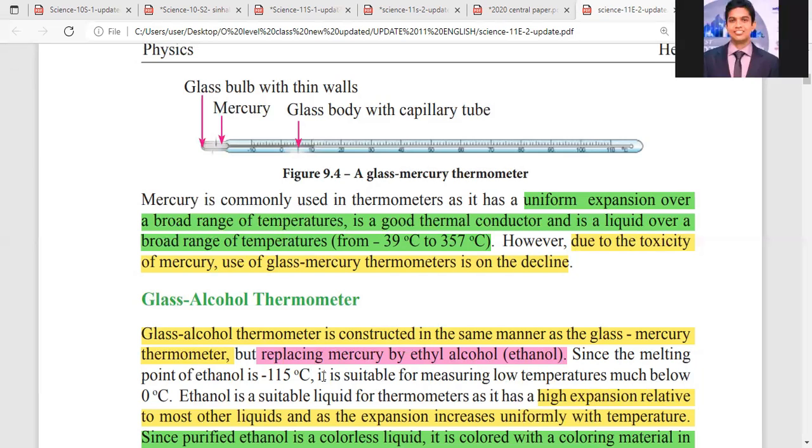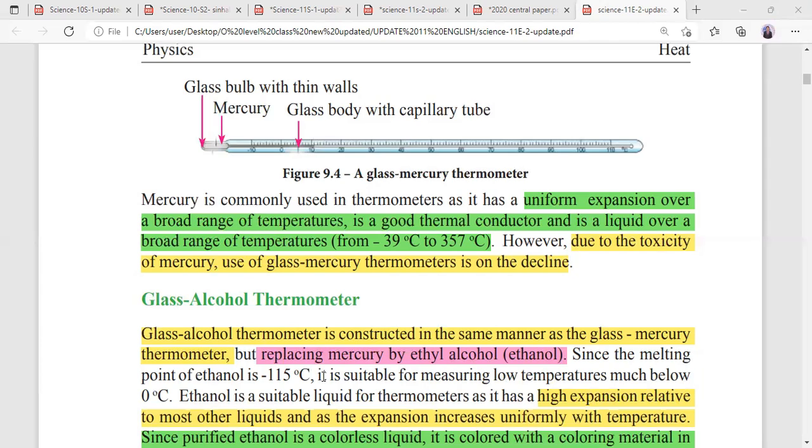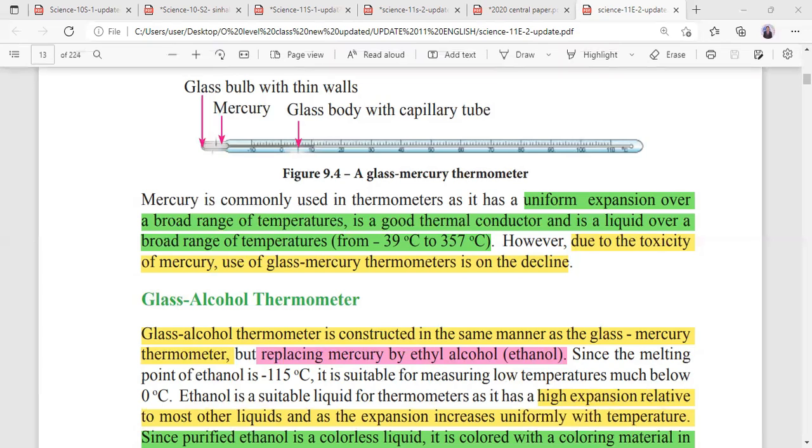Number 3, third reason: a liquid over a broad range of temperatures.